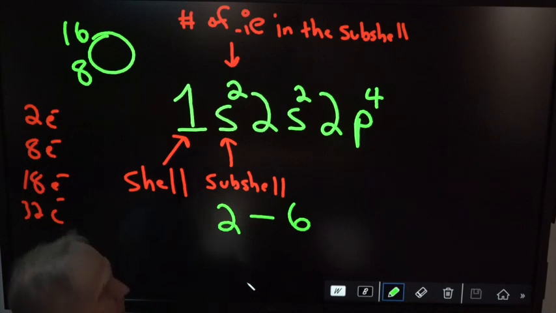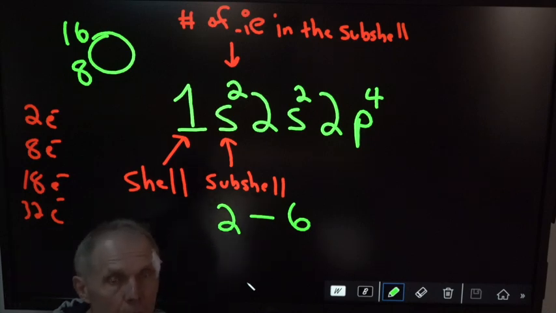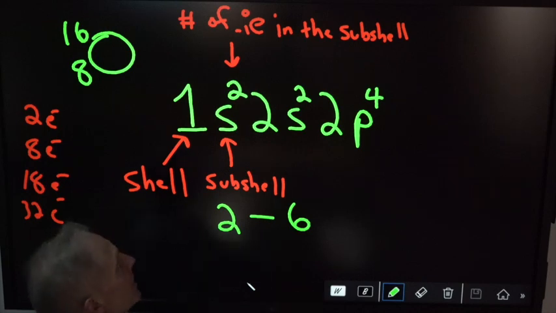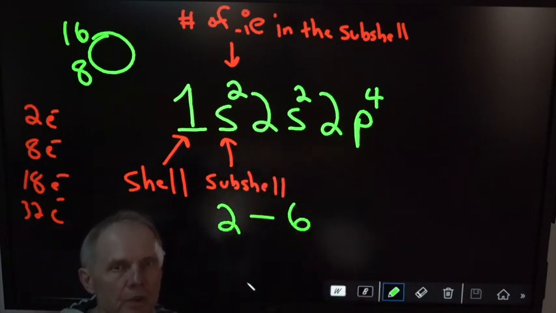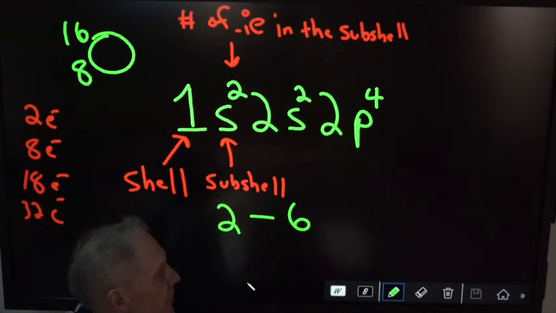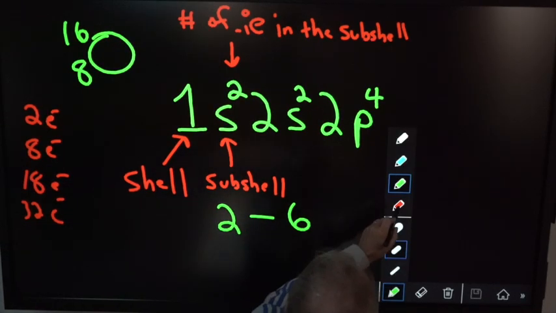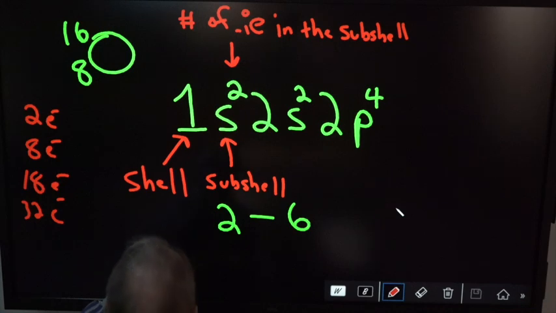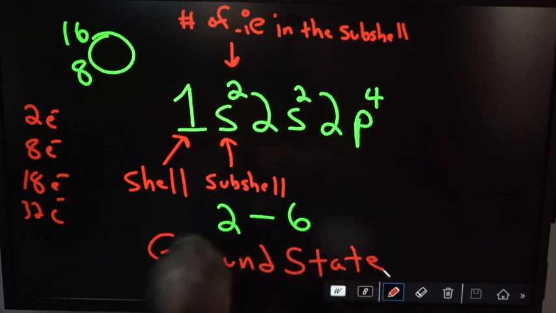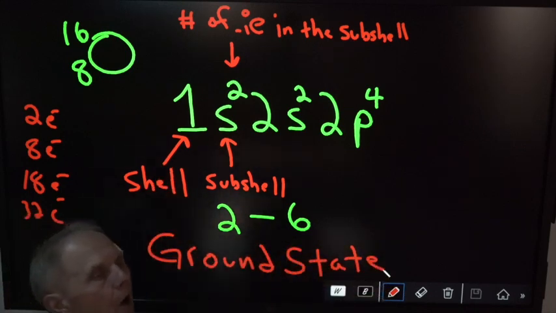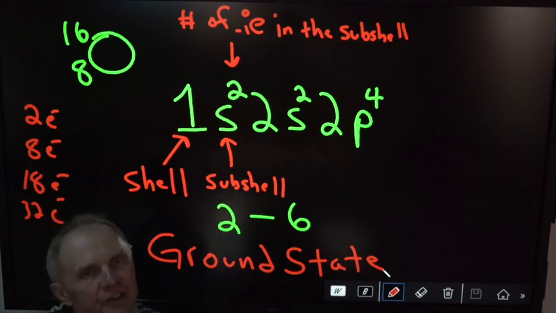All right? It's just like us standing on the ground. We're stable there instead of going up the steps. So this, when all the electrons fill nice and neat close to the nucleus, is called ground state. This is called the ground state, where all the electrons fill in nice where they're supposed to be.